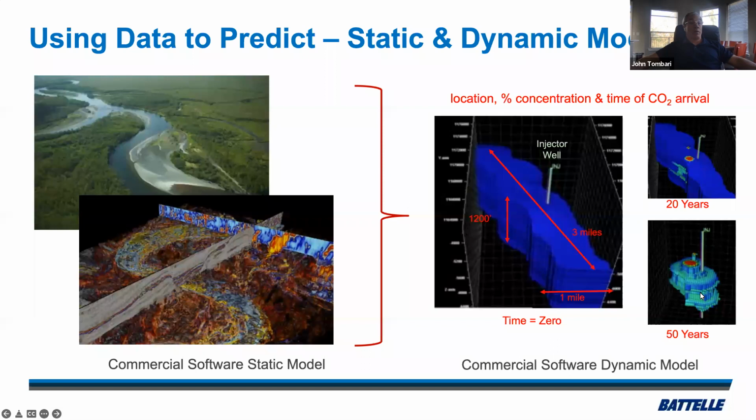Then we can strip away all the non-CO2 cells and see what it looks like in 50 or more years. That's critical because, remember, this is only a simulation and a prediction. We will have to validate that during the operational period of a project with monitoring, and prove that CO2 is where we said it was going to be, when we said, and in what concentration.